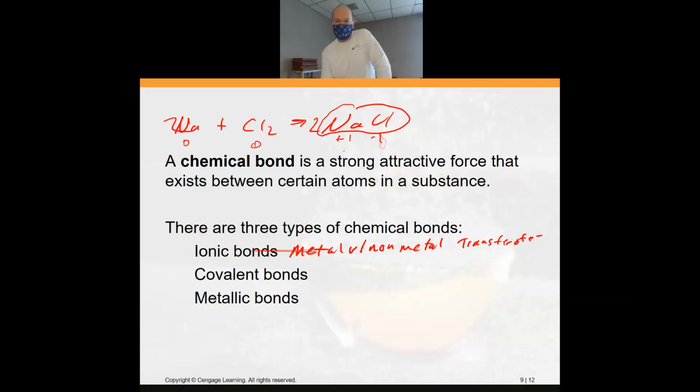nonmetal, and we write a +1 and a -1 because the electron configuration of your sodium is neon 3s1, and then your chlorine is neon 3s2, then a 3p5.